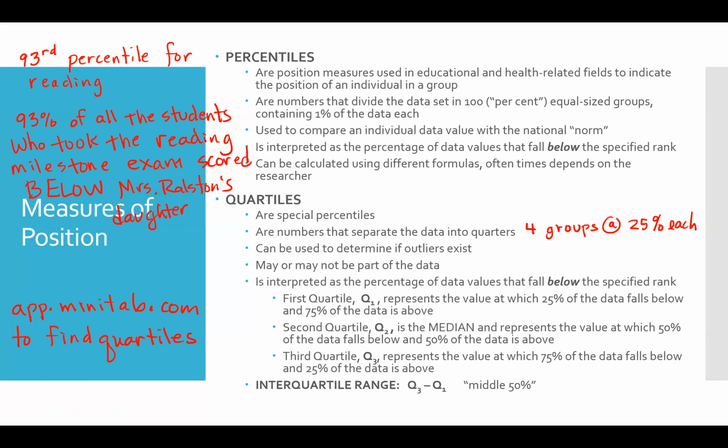Again, I'm going to make a note here. Minitab will calculate that for us too. It's called IQR. Interquartile range is abbreviated IQR.